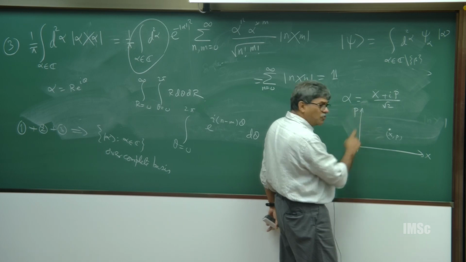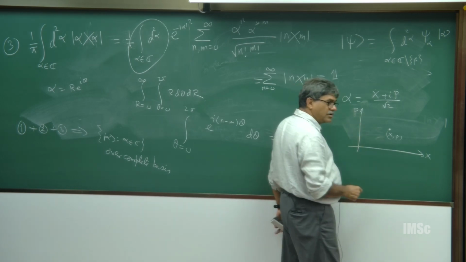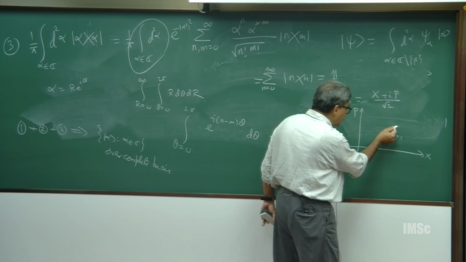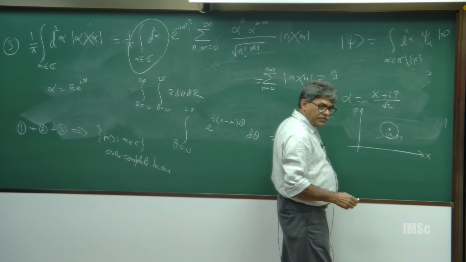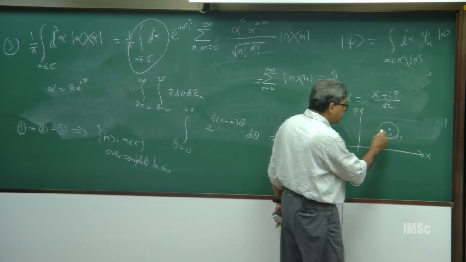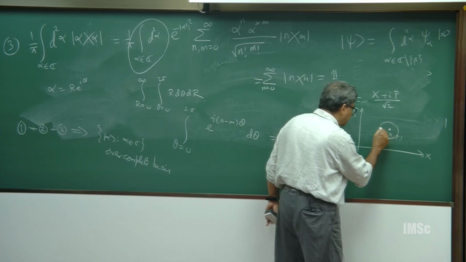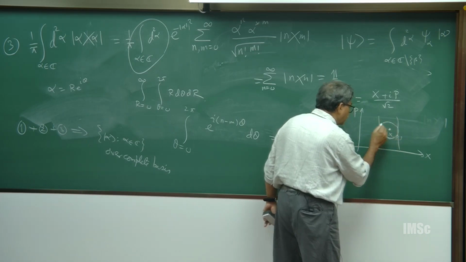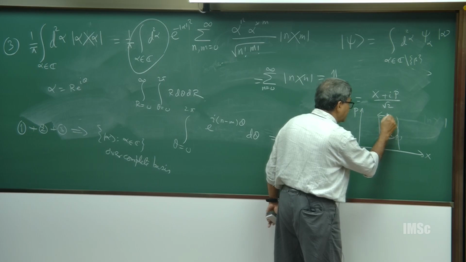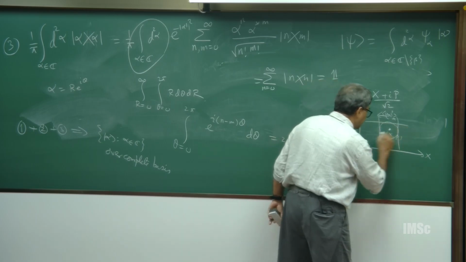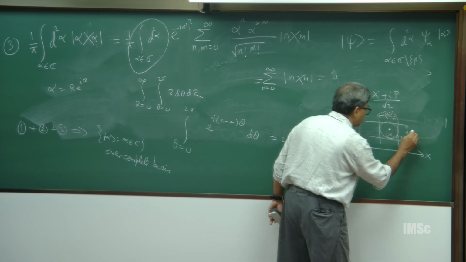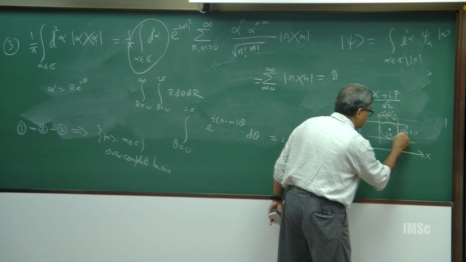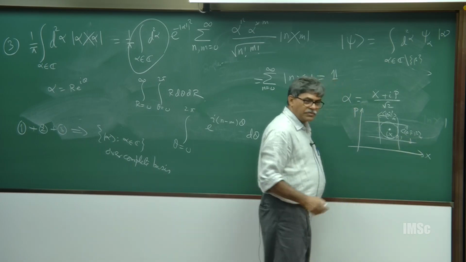The corresponding coherent state will be basically a circle drawn with this point as center. This is your delta x squared with respect to this alpha, and this is your delta p squared, these are the operators, with respect to alpha.